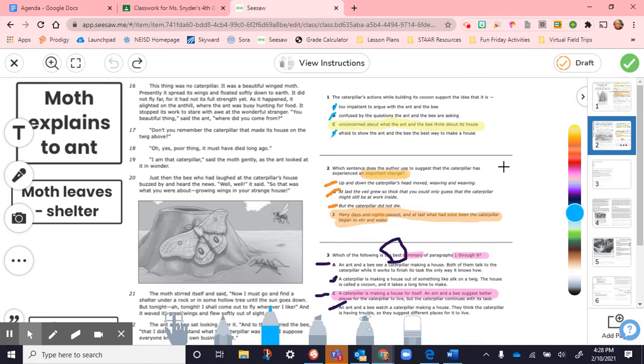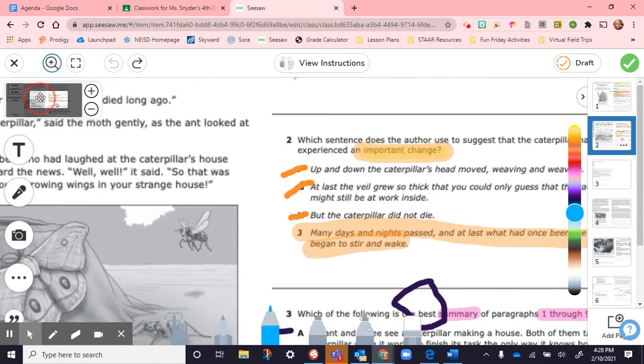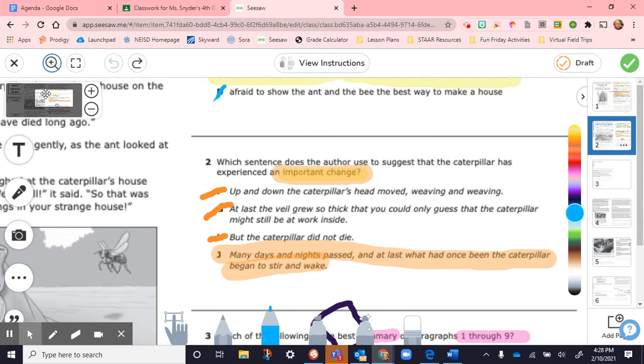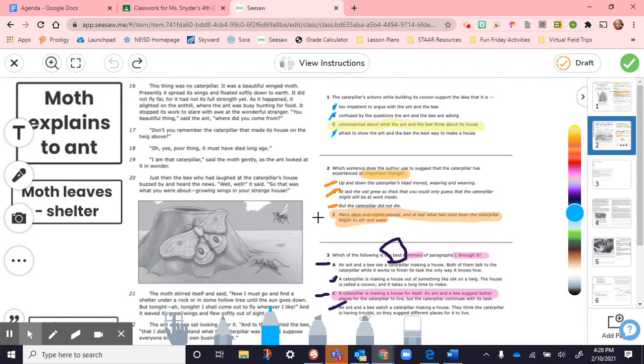All right, number 2: which sentence does the author use to suggest that the caterpillar has experienced an important change? These sentences are italicized, meaning they look like they got pushed over a little bit. They're leaning. These came straight from the text. We went back and found where some of these were, and we decided on, many days and nights passed, and at last what had once been the caterpillar began to stir and wake.